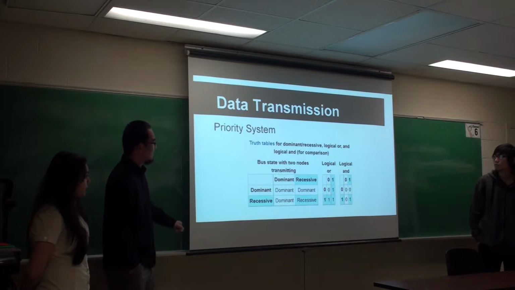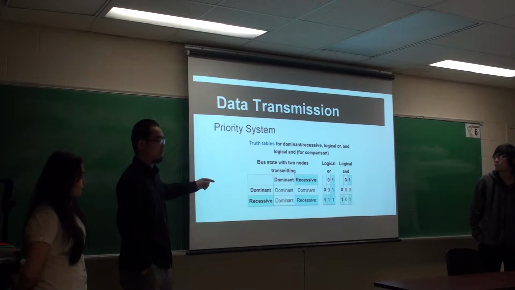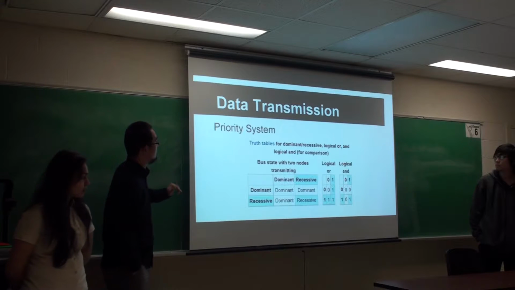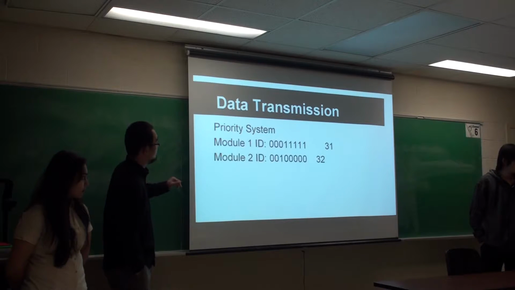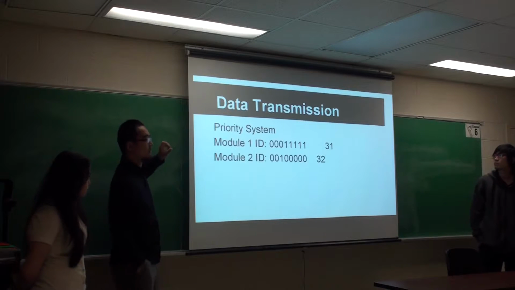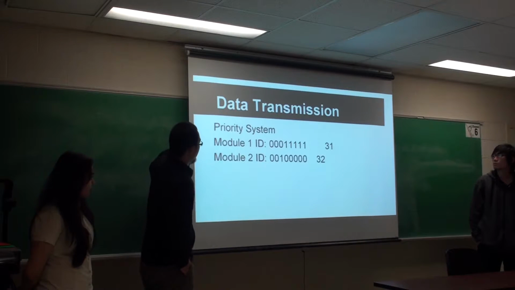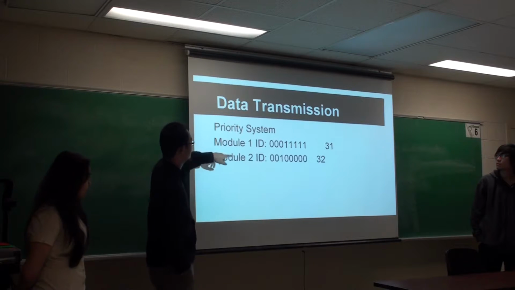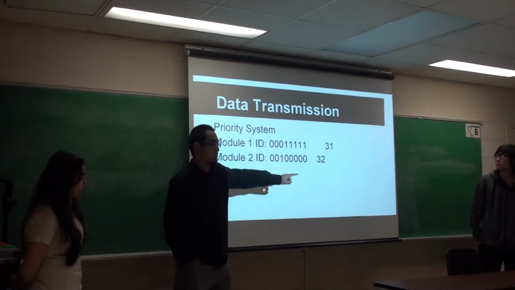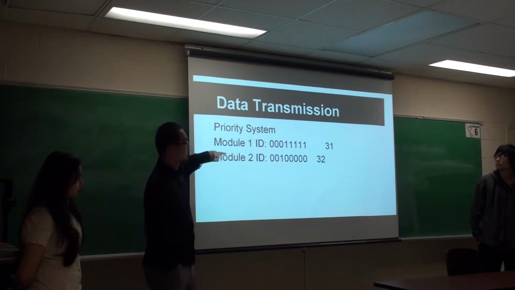For the CAN bus, the dominant bit would be the 0, and here are some examples. For example, we have two modules with IDs in the data frame. Module 1's ID is 31 and module 2's ID is 32. You can see from there that module 1 has higher priority.